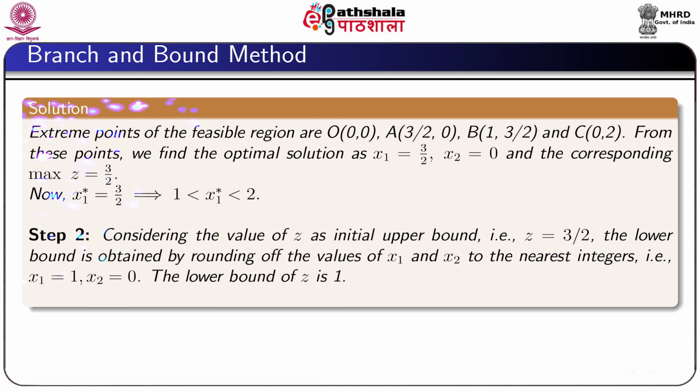From the extreme points of the feasible region, we find the optimal solution as x1 equal to 3/2 and x2 equal to 0. The corresponding maximum value of z is 3/2. Since x1 is not an integer, we proceed further.